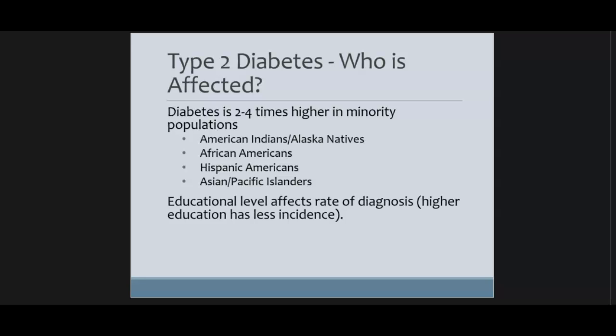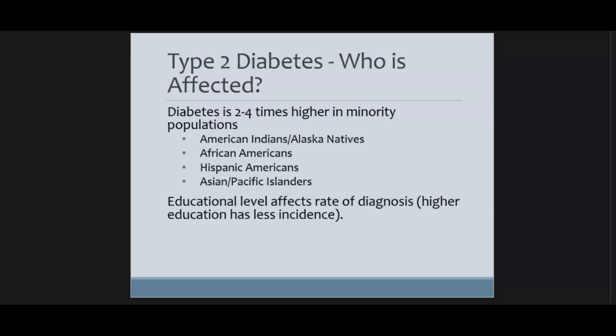So type 2 diabetes, they talk about education being such a major component to preventing the disease, and I absolutely agree with that. But when you look at some of these populations, like American Indian, Alaskan Natives, for example, sometimes there's so much poverty, and education, yes, is so important, but what's education when you don't have access to healthy food?